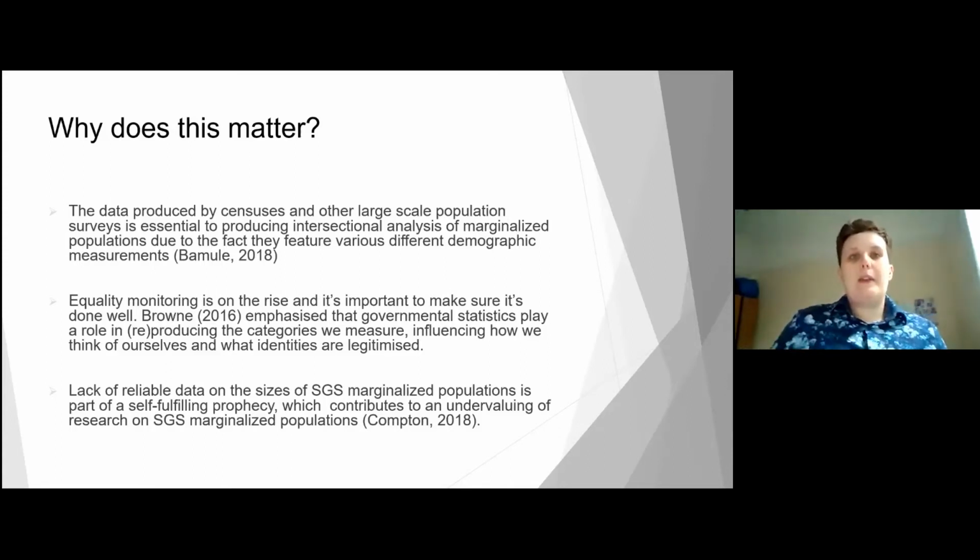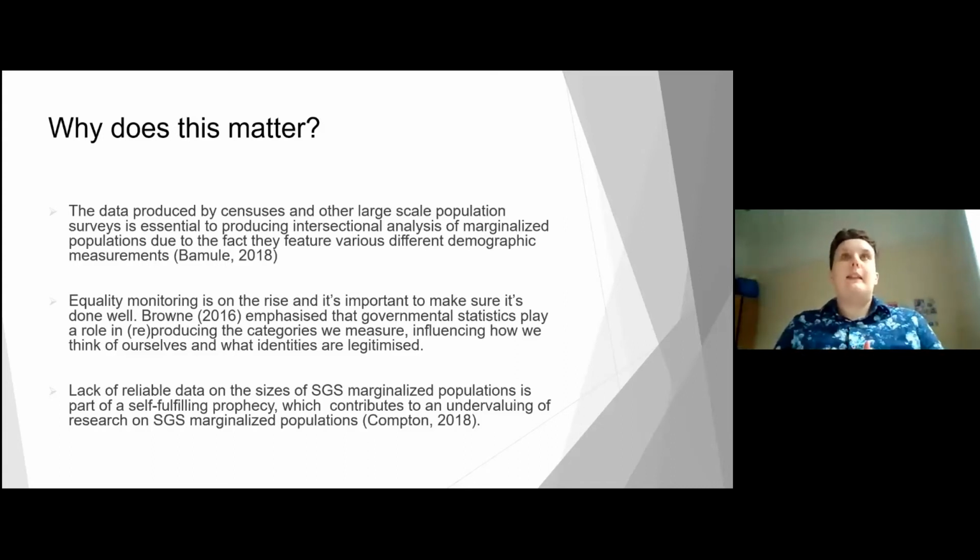And then there's also an element of a self-fulfilling prophecy here, which is that the gold standard for research is when it's generalisable, reliable, and we know how valid it is based on wider populations when you have a smaller sample.